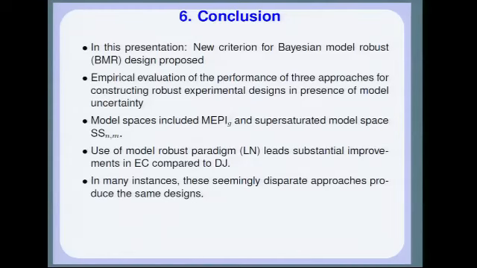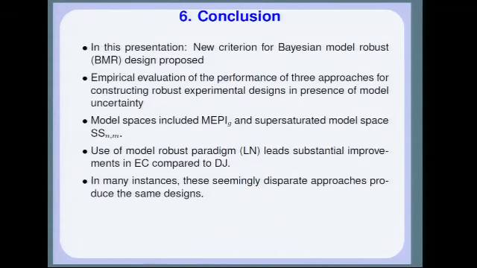We also did the empirical evaluation of those three approaches for constructing model robust designs, using the space of main effects and a set of G two-factor interactions. Just for simplicity's sake, that's why we stayed at two-factor interactions. You can do more than that, but just to make it simple. In our case, the designs are two-level designs with high and low, meaning +1 and -1, and a supersaturated model design.